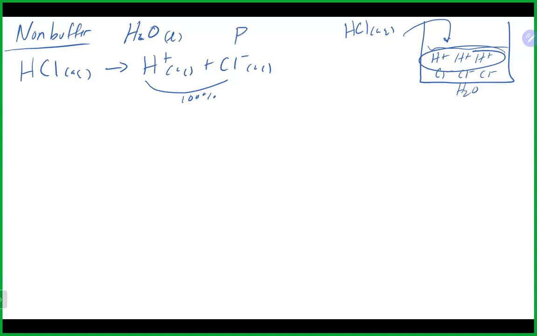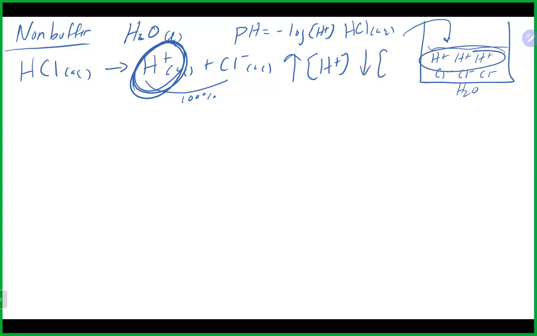And as we talked about, the pH is related to the amount of H plus that's present. So in this case, you just added to that solution a ton of H plus. So the H plus concentration basically just jumps up really, really high. And the result of that is the OH minus concentration goes way down. And the pH in this case actually drops way down.